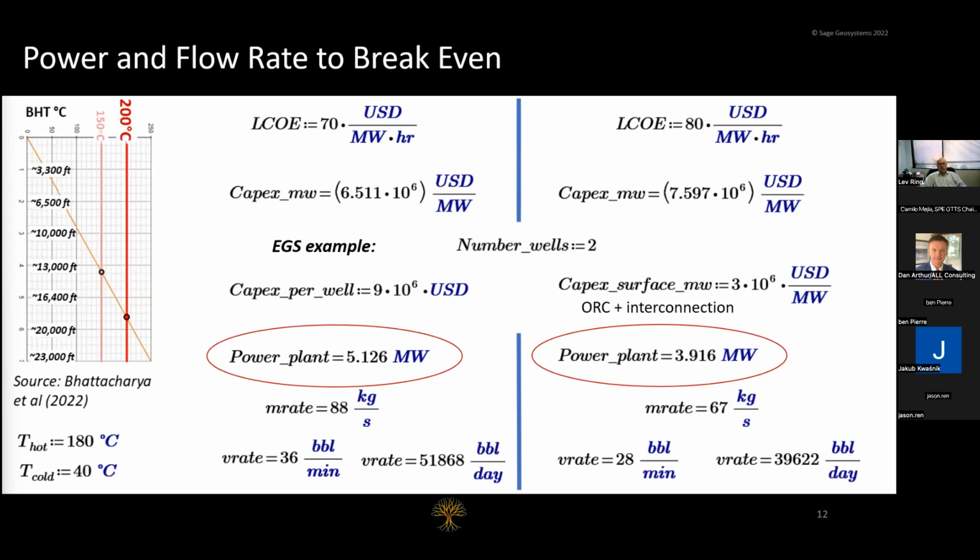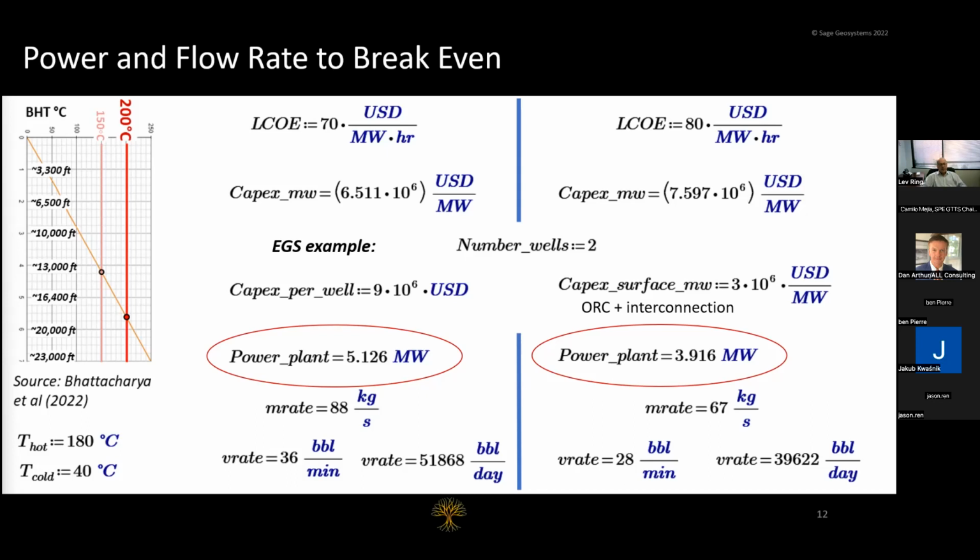And so, for example, if we can sell it for 7 cents per kilowatt hour or 8 cents per kilowatt hour, because we know capex, we can calculate what flow rates and what power our system needs to have.